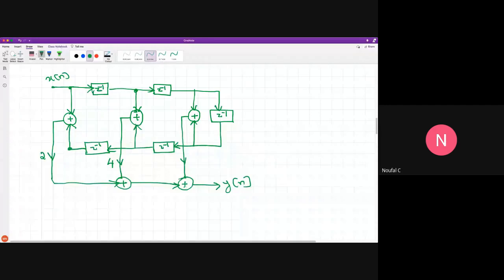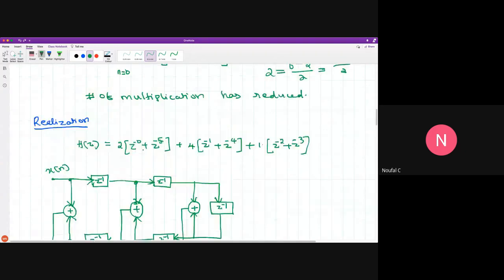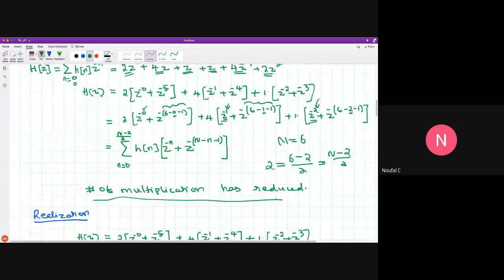Okay, but what we are doing now is you have taken the summation first, then you are multiplying with a single gain. The number of multiplications has been reduced. Otherwise we would have to multiply each of the delays with each of the gains. Okay, so the advantage of linear phase realization is the number of multiplications has reduced.